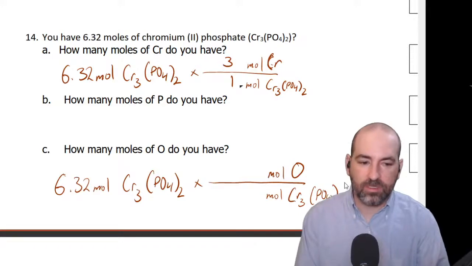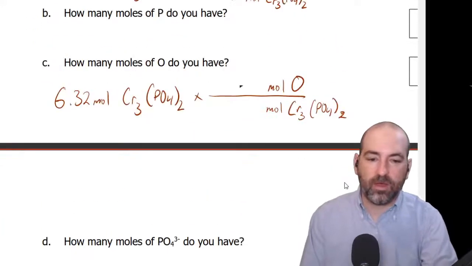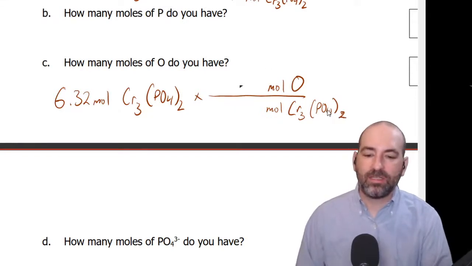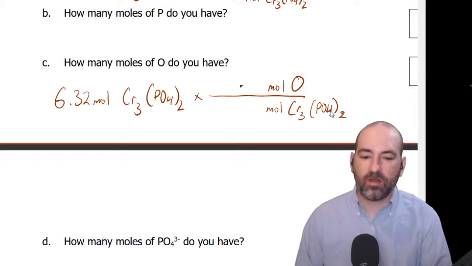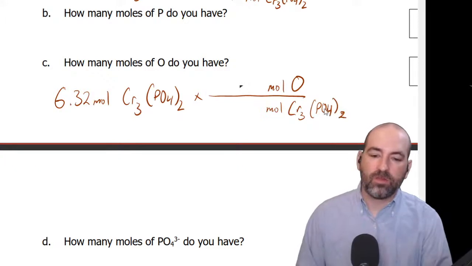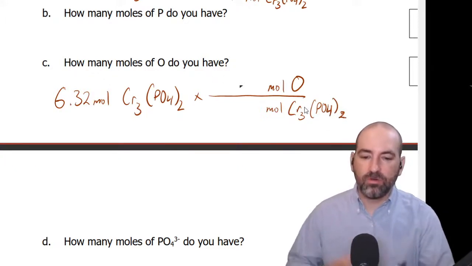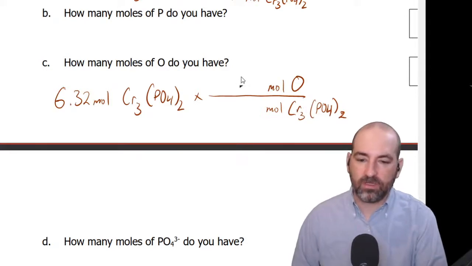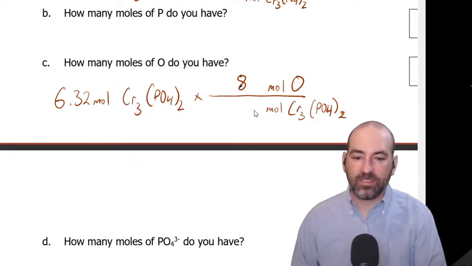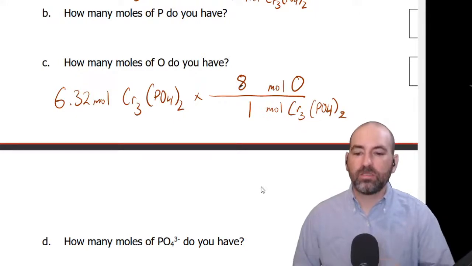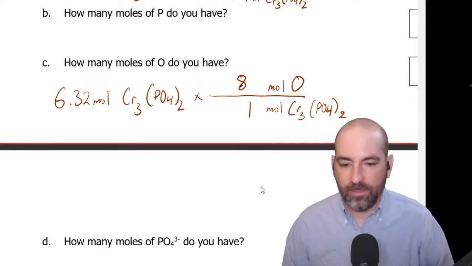I'll move this up so you can see it. Everything is really the same technique-wise. The only difference here is now the oxygen is inside these parentheses because it's part of this PO4 unit. So there's not 4 oxygens in this formula, there's 8 because there's 2 phosphates, 2 total phosphates. So that gives us 8 oxygen atoms per formula unit. And so we're going to multiply that number by 8 to get that ratio.